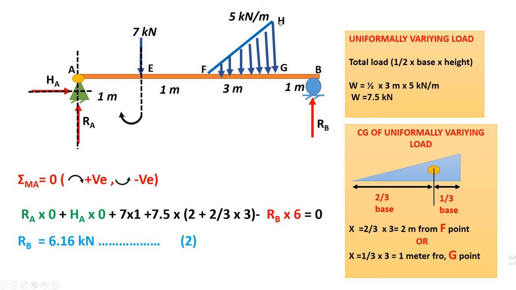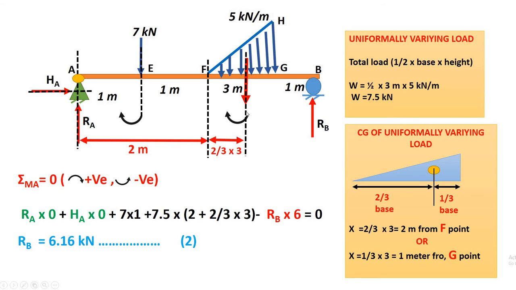Now for this UVL, you have to take the distance of this particular load from the CG. So where is the CG? The CG is over here, from point A. This distance is 2 meter, and this distance is 2/3 of the base.